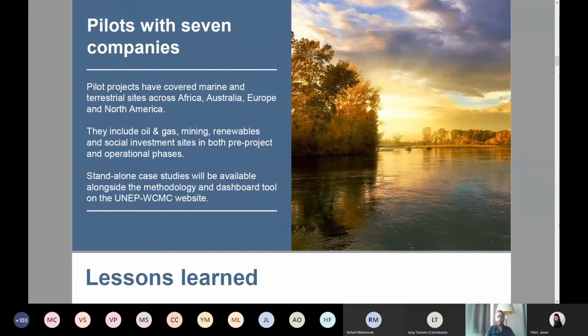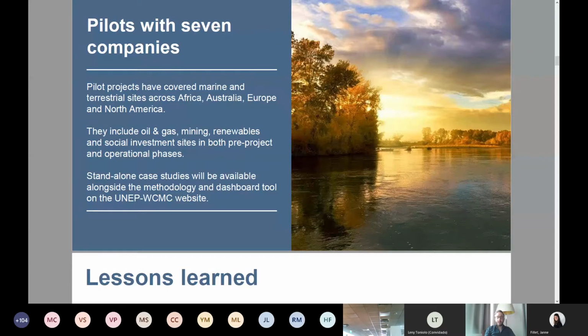We've included sites from oil and gas companies, mines, renewable projects, and also social investment sites where the company doesn't actually have an active extractive or productive operation, but is investing in the improvement of biodiversity as part of its wider corporate goals. And these sites have included both pre-project, so planning phases, and also operational phases of site activity.